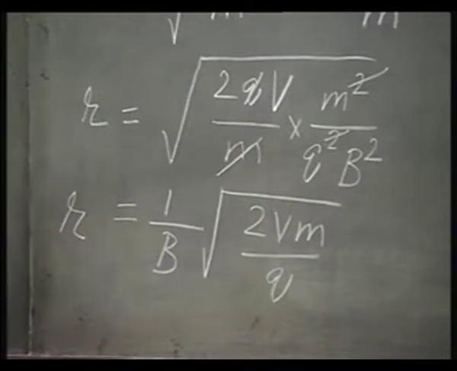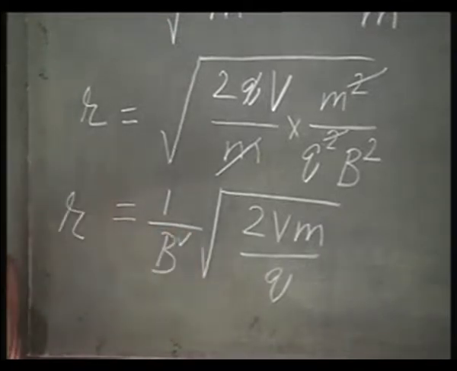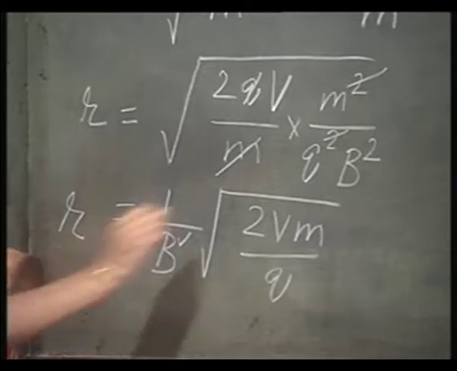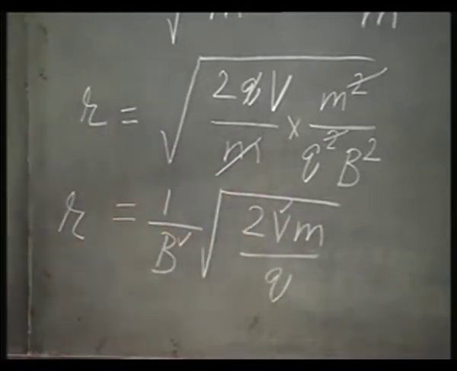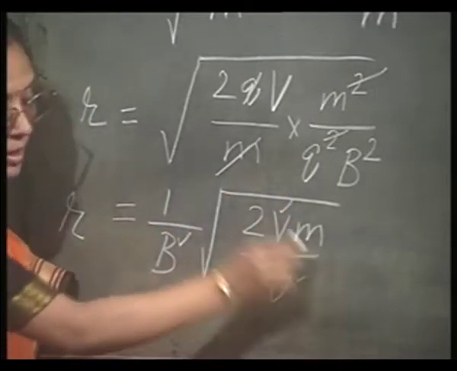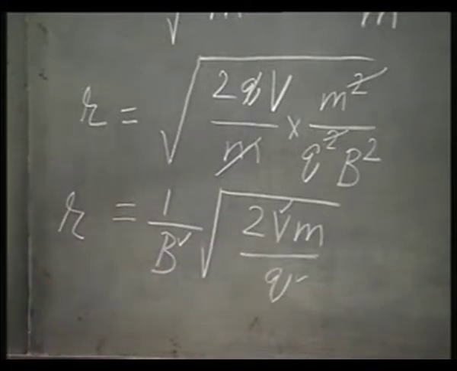Now you see, in a particular system, I know what the value of B is, I know what the value of potential is, and of course electronic charge, that is a constant. Therefore, R is simply proportional to square root of m, where m is the mass of the particular ion species.